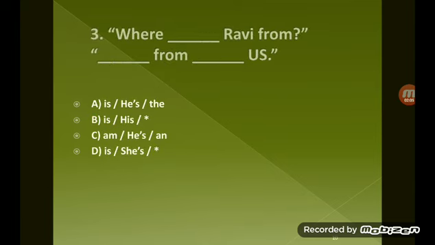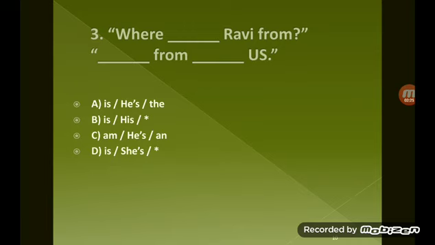Third sentence. Where dash Ravi from? Dash from dash US. There are three options. A is, he's, the. B is, his, no word.